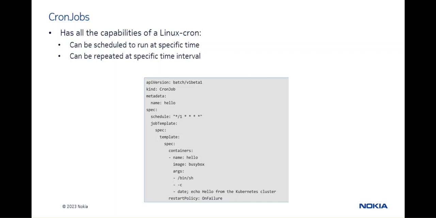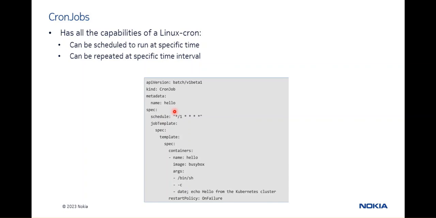Another kind of object that we have in Kubernetes is cron job. It has all the capabilities of a Linux cron. It basically allows us to schedule and run jobs at a specific time or at a repeated interval. How does the template for a cron job look? As you see here, the kind of the object that is created by its template is cron job. The schedule part is what you might be familiar with from Linux.